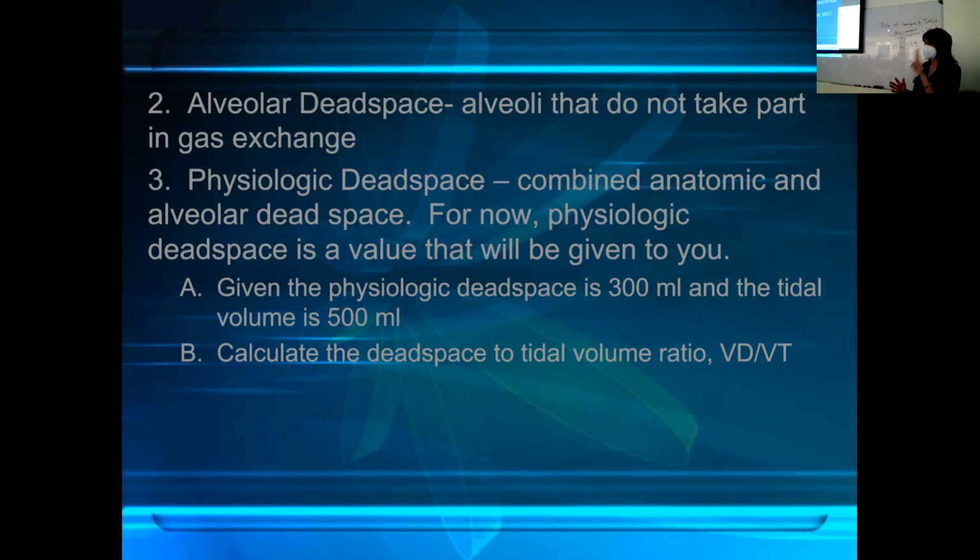It's a combination of two types of dead space: the conducting airways and then alveoli that are not taking part in gas exchange. That's physiologic dead space. And the volume of physiologic dead space for now will be given to you. It's not something you have to figure out.